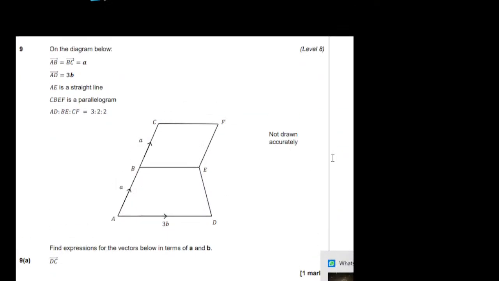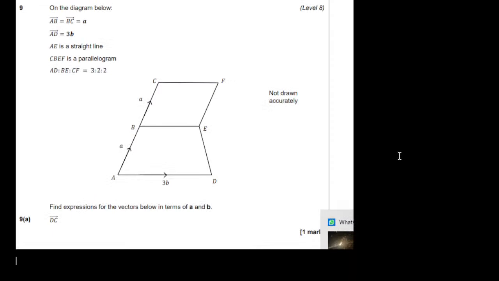So if I discuss this question on the diagram below, yes, we are supposed to do this question only, na? On the diagram below, AB is equals to BC is equals to A. Okay, it is given. AB is equals to BC is equals to A. AD is equals to 3B.